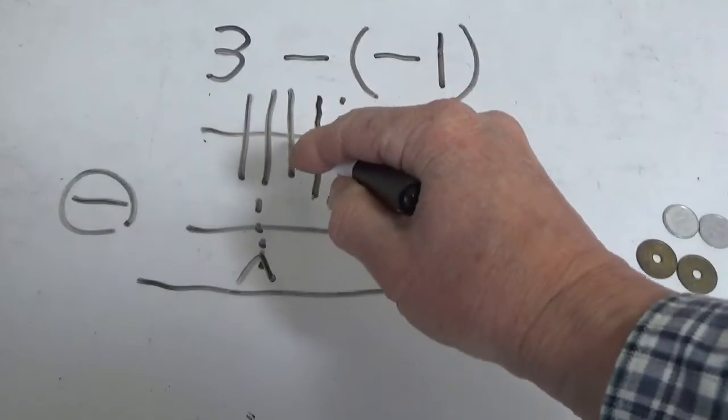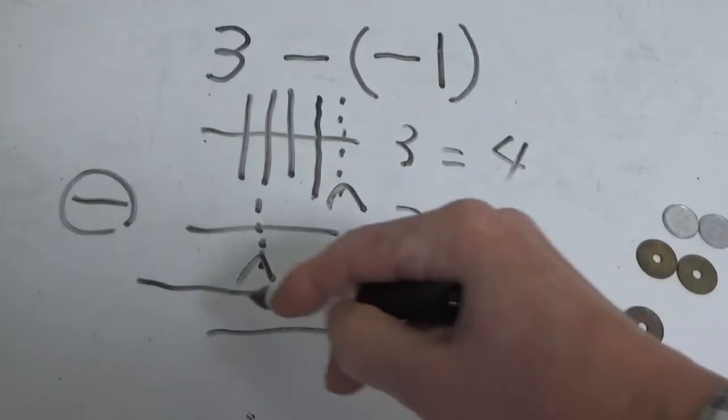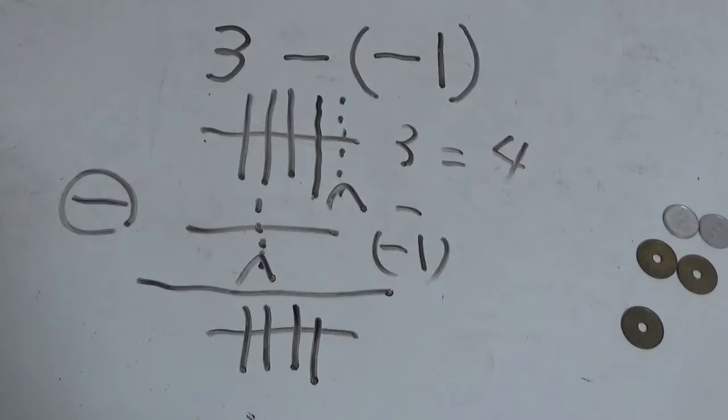So it is 4. So subtracting negative value, minus 1, is the same as adding 1.